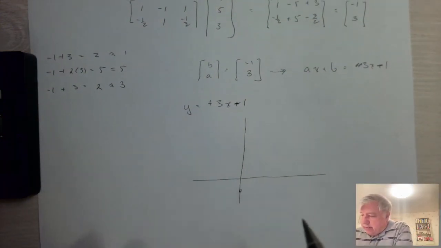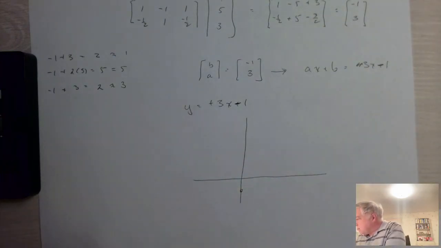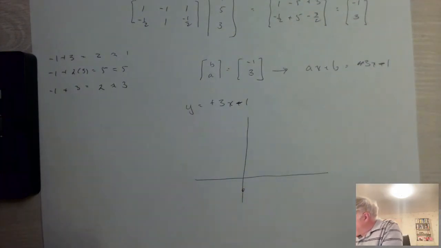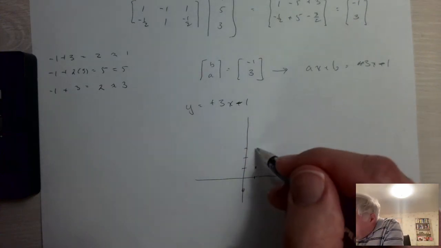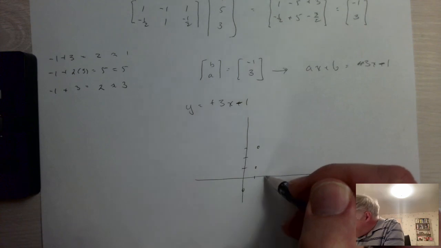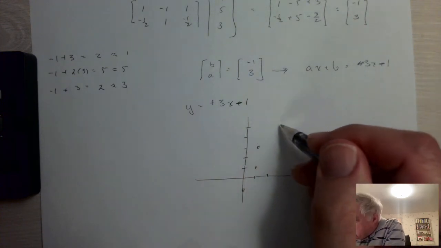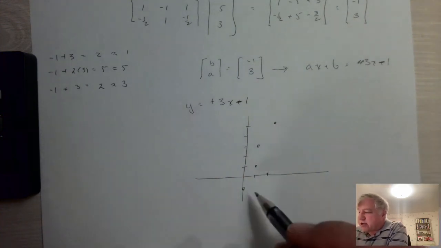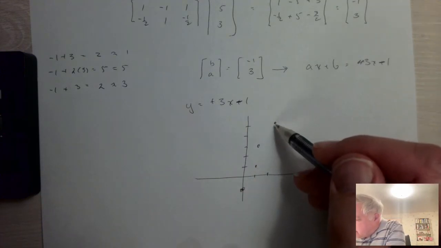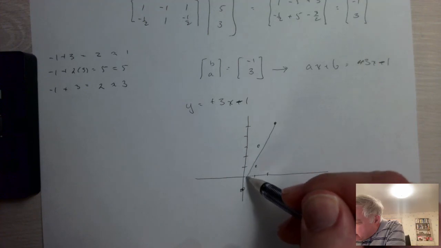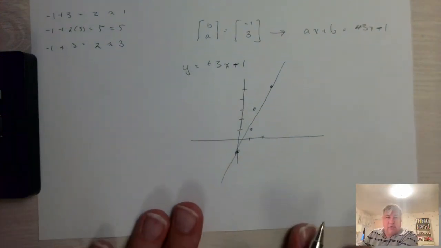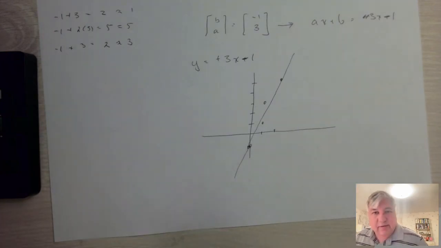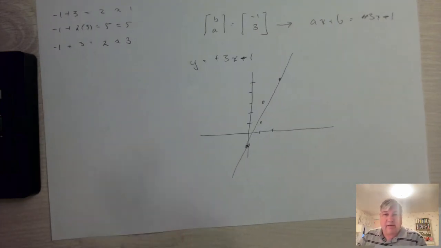If we plotted our points originally, our original points were (1, 1), (1, 3), and (2, 5). You'll see that (2, 5) is actually on this line. It goes through this point and this point, and you can see it just barely misses the other two points.